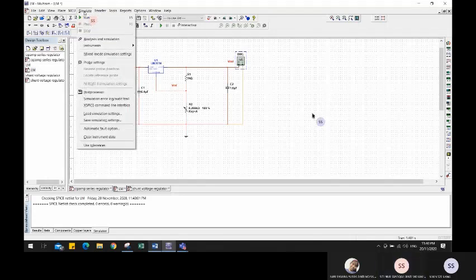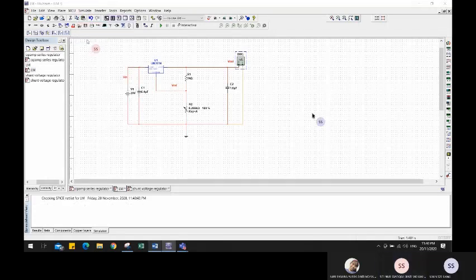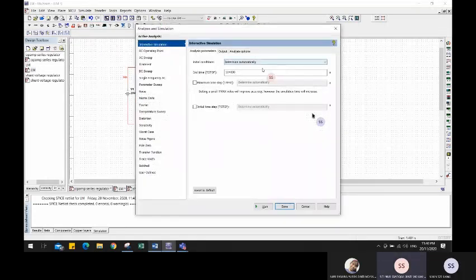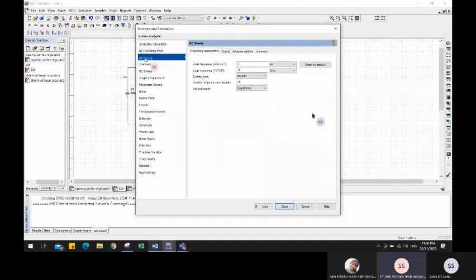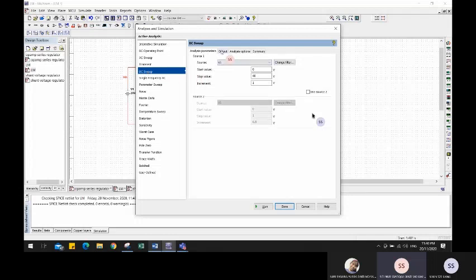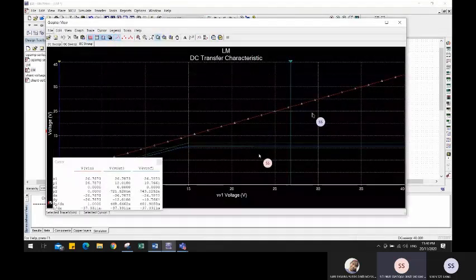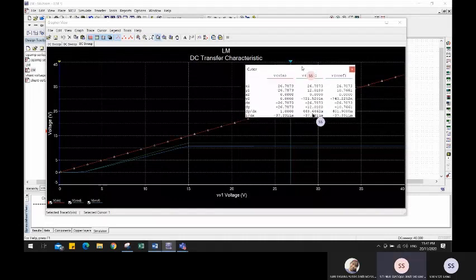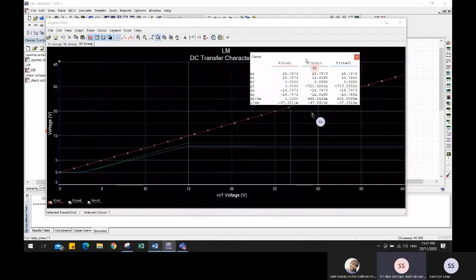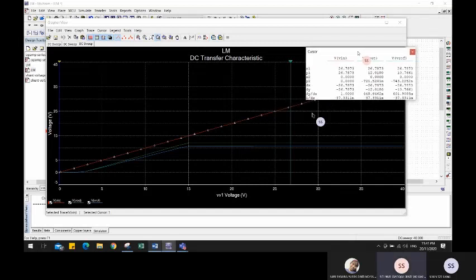For the simulation, it is the same as what Sun has done. DC. So we run it. Here is our result. We just look at S1 and Y1.